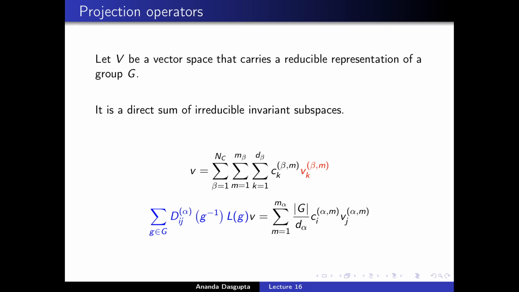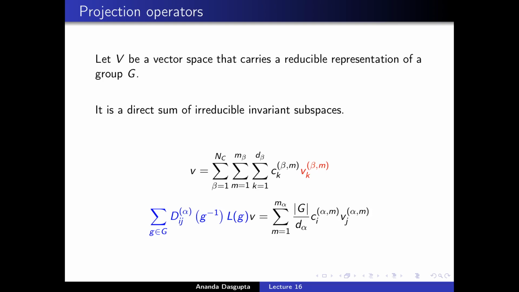Note that while we started with a vector small v, which is an arbitrary vector in our vector space, and so has components in each and every irreducible invariant subspace, the final result here is a vector which has only components in those subspaces which carry the irrep labeled alpha.